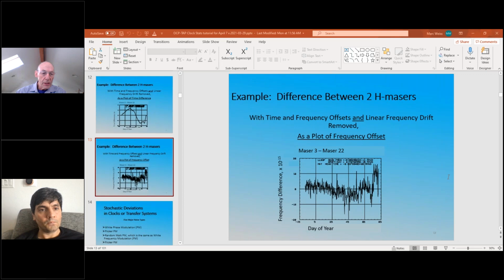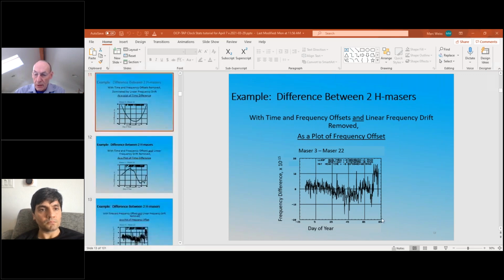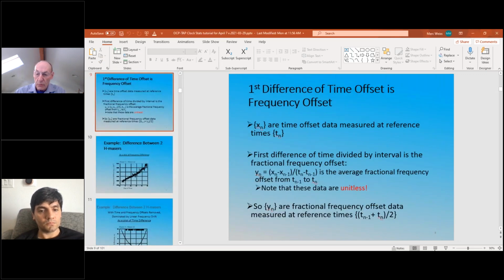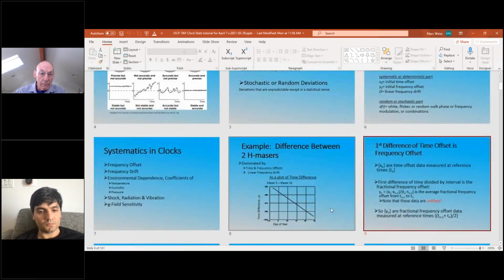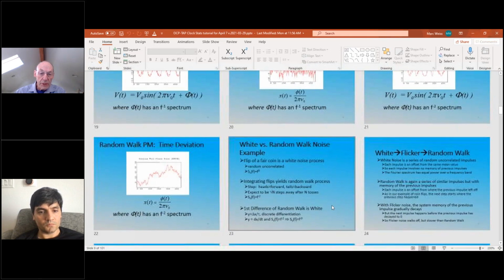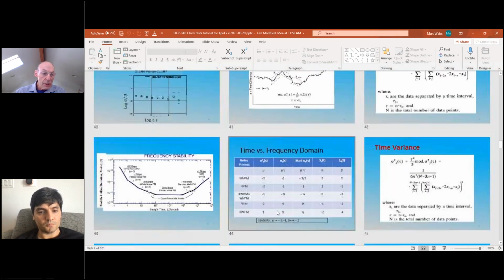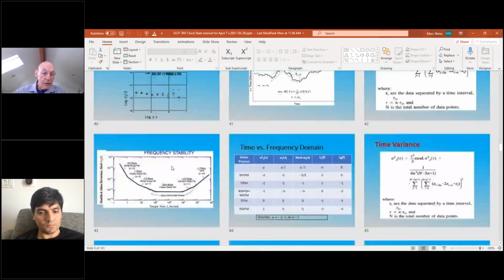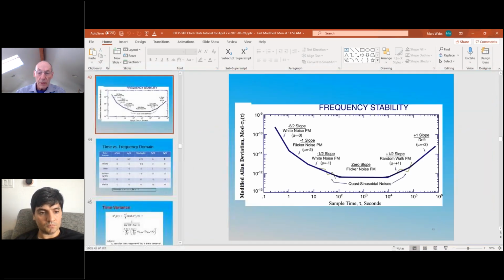Typically, you get this bathtub curve that I showed, where when you do the Allan deviation, or the modified Allan deviation, or the TDEV, you get this curve where it's going down at short term, flattens, and eventually goes up.